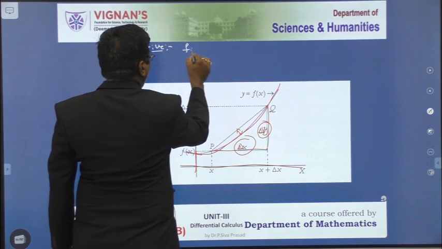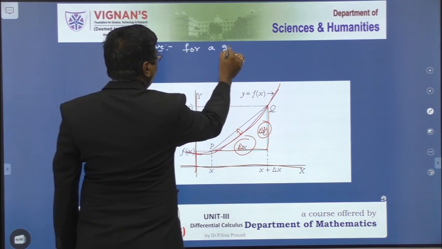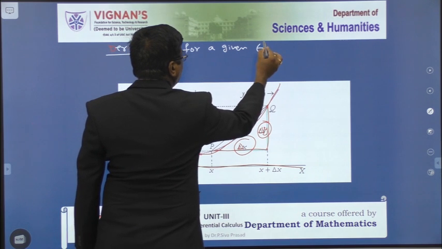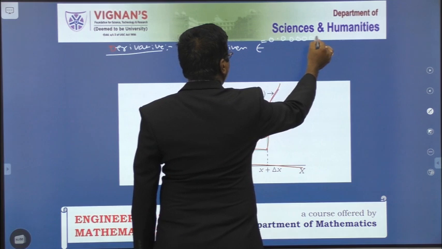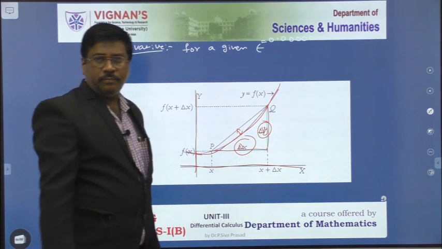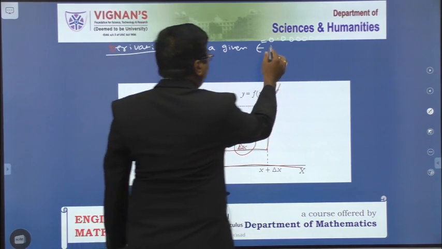So for a given epsilon greater than 0, this value is something like 0.000000 something, a negligible value, which is greater than 0.